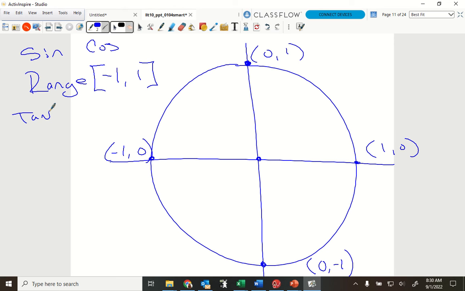The tangent would go from y over x, so my range would start at the lowest point. It would be down over here, but can it do that?